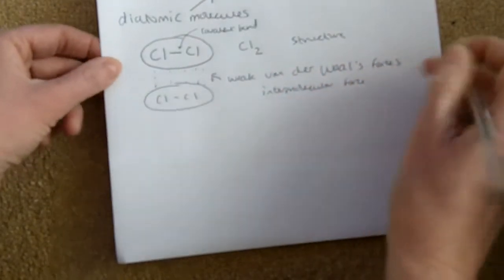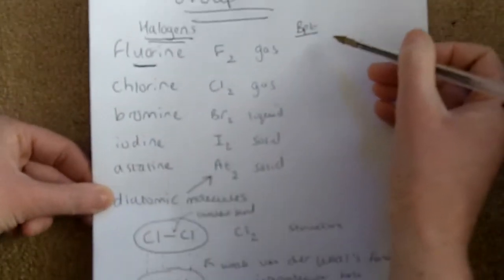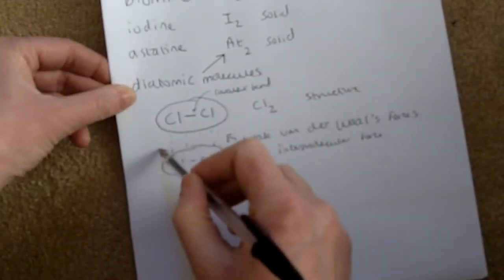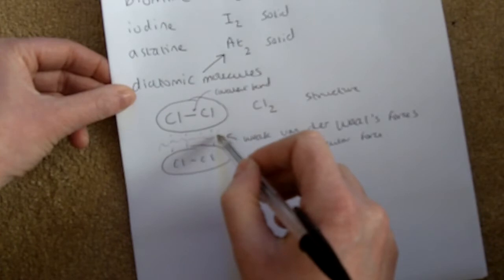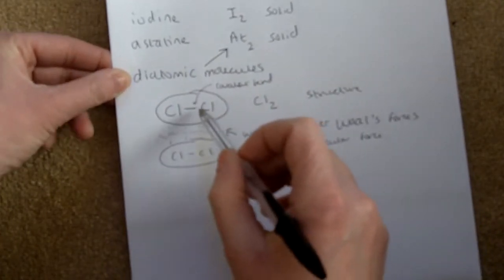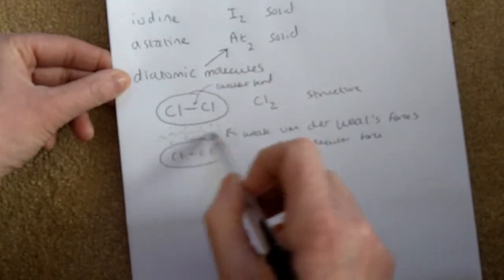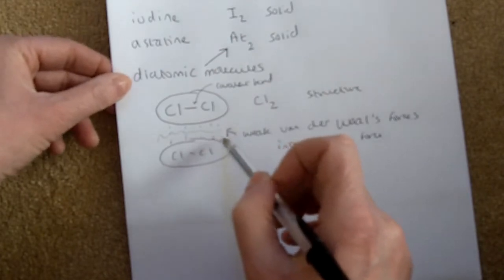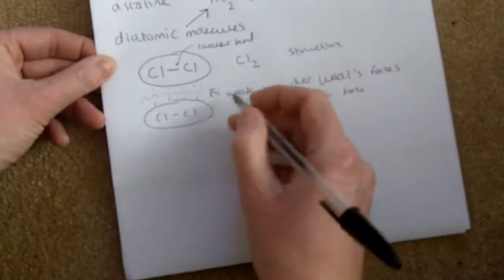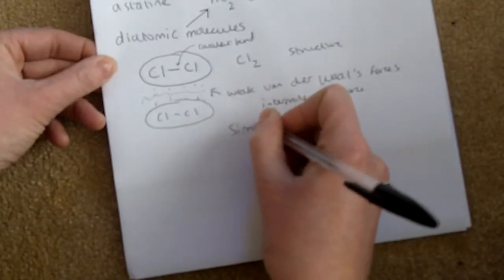And when you reach the boiling point, you are breaking the weak intermolecular forces. You are not breaking the covalent bond, you're breaking the weak intermolecular forces. So this structure is called simple molecular.